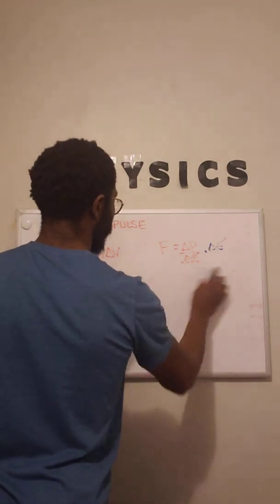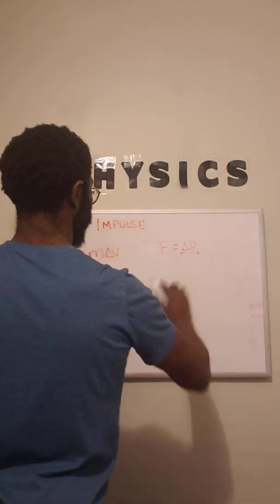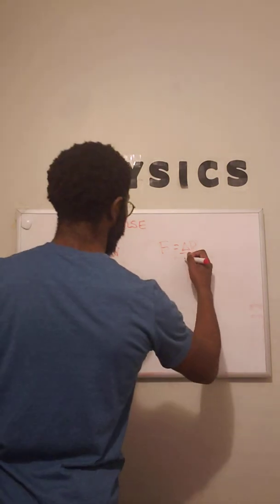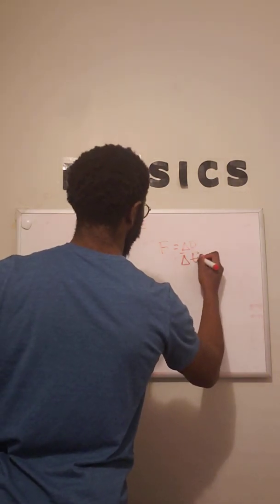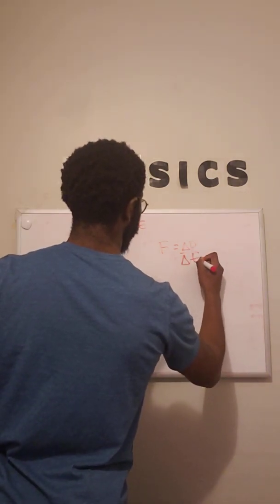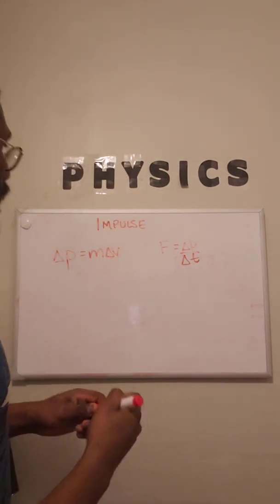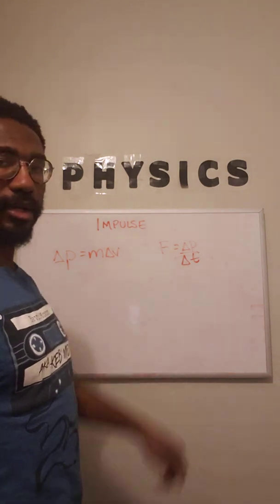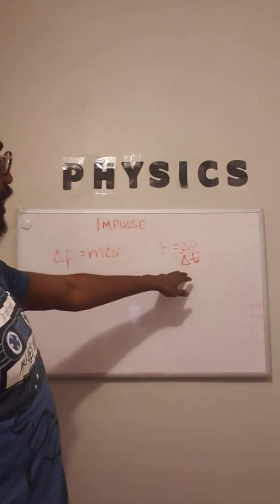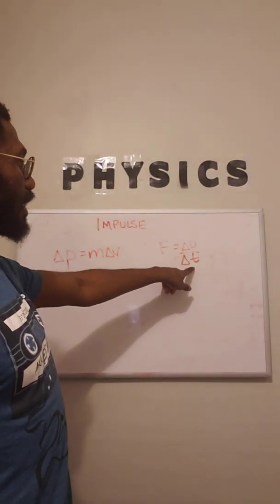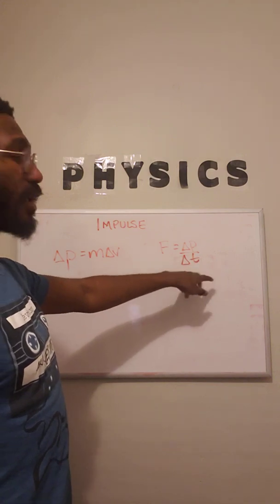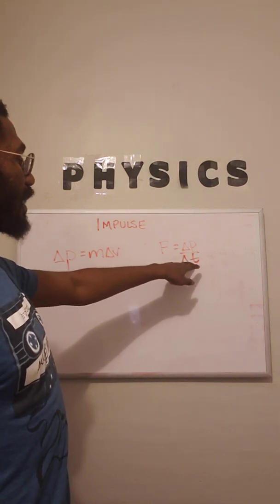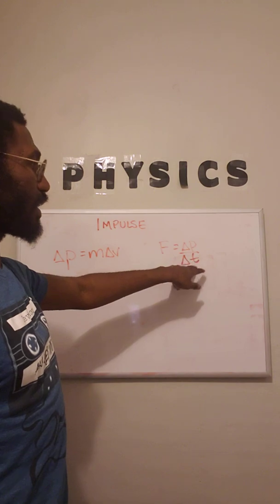Okay, so I'm going to go ahead and erase all this. Draw my time back here. So if we are trying to solve for time in this equation, we need to isolate delta T. Now the issue is if we try to isolate delta T right now, it's not going to work because delta T is in the denominator.